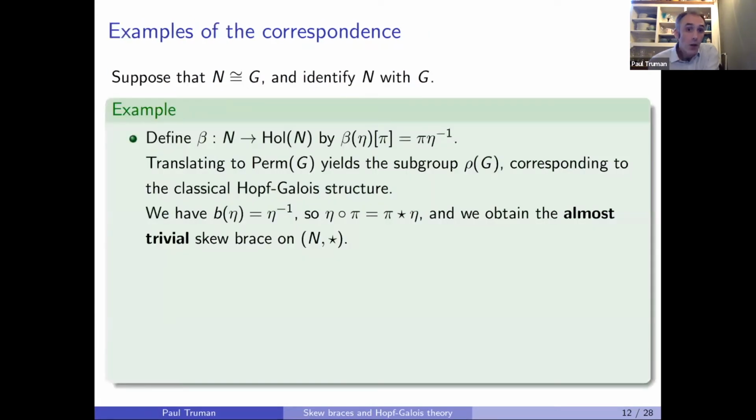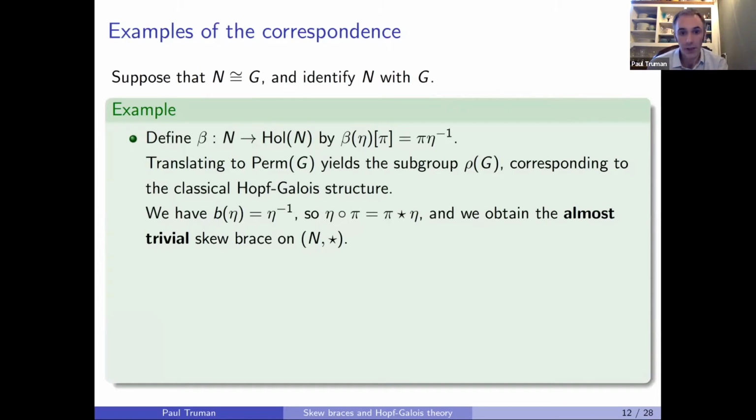So what happens if you play this game? In some of the cases that I've already looked at, for the time being, assume that N and G are isomorphic, and fix an identification of N with G. Then I can look at embeddings of N into its own holomorph.